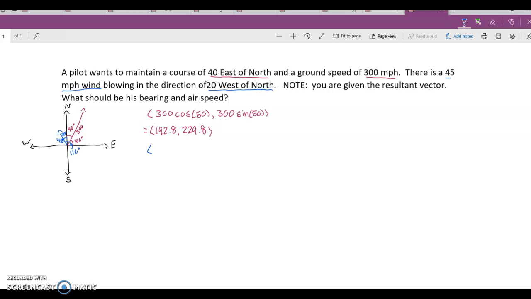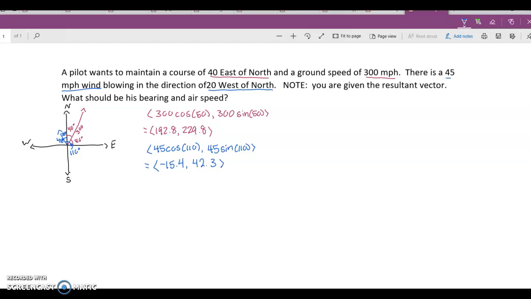So finding that component form, magnitude is 45 times the cosine of 110, 45 times the sine of 110. Punching that into your calculator in degree mode, you should end up with negative 15.4 and 42.3.